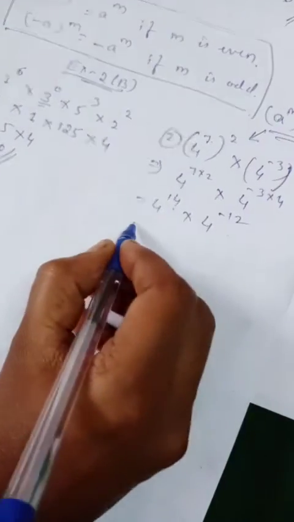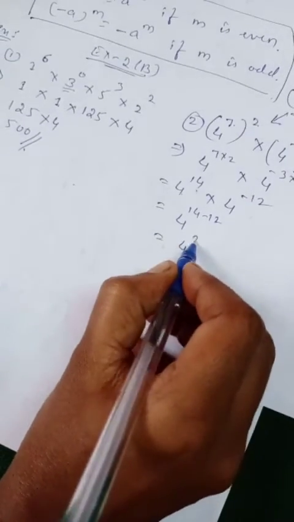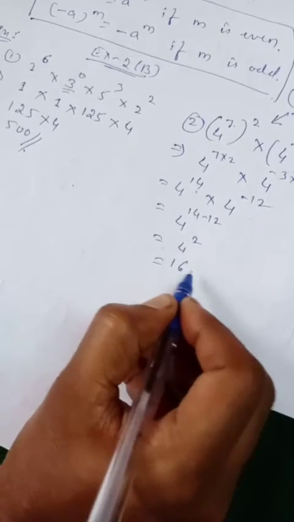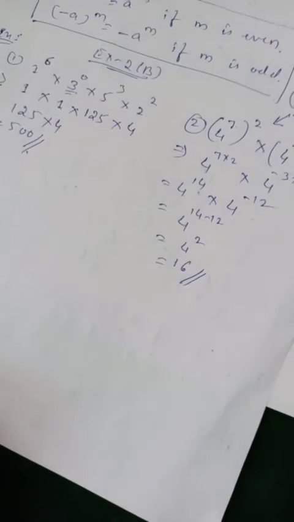Here the base is same, so you have to directly add. This is 14 minus 12, which is 4 to the power 2, which is 16. 16 is the answer.